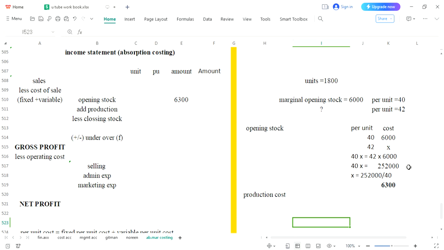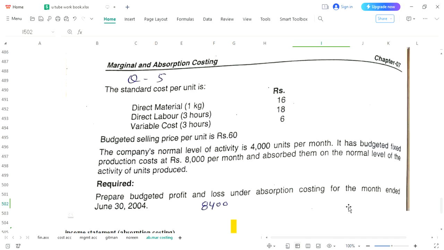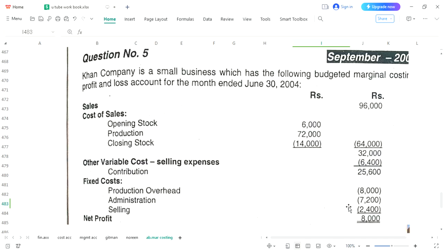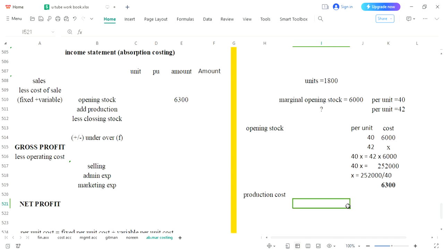Now please see this 6000 old opening stock was multiplied by 42 and divided by 40. In the similar way, we will do the same thing. Old production cost 72,000 and it would be multiplied by 42.